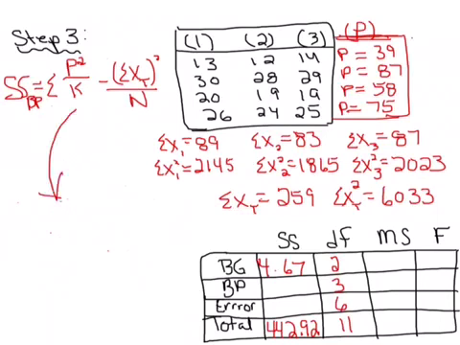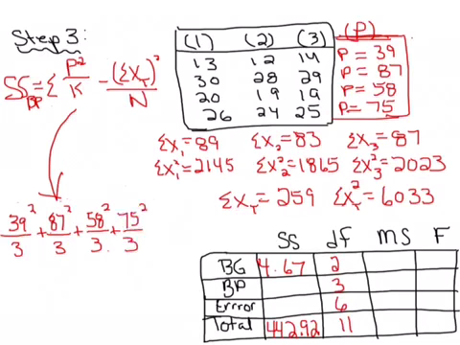So for each person, so we have 39 squared divided by 3, because that's how many groups you have, plus 87 squared divided by 3 plus 58 squared divided by 3 plus 75 squared divided by 3. I put little brackets around that.